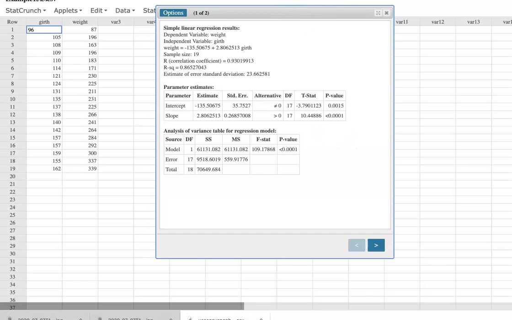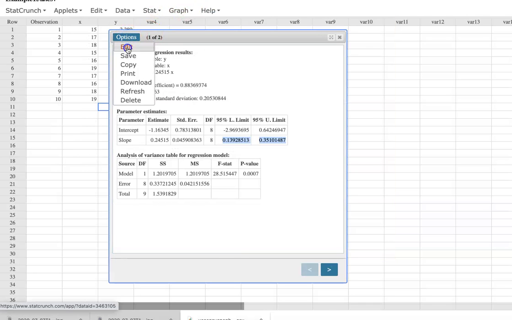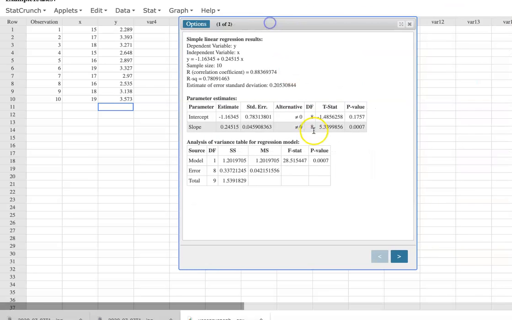We can also do this with the baby data. So if we go to options, edit, and we do our hypothesis test, and here we're just going to see if it's something different from 0. Hit compute, and we get our test statistic and our p-value. And again, our test statistic is telling us how many standard deviations away from the mean we are.